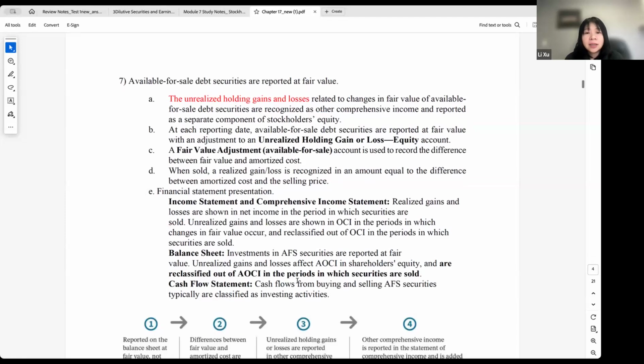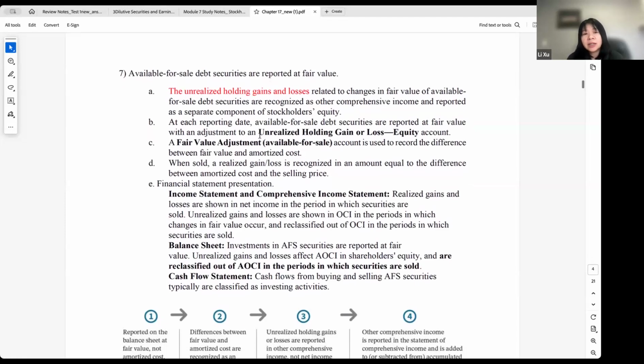Available for sale. Again, the key is to make sure you get the right account. If you're taking notes, I would like you to highlight this, because I'm looking for what comes after the dash or what is within the parentheses. I can give you some leeway if you just write fair value adjustment without the things in the parentheses, but for unrealized gains and losses, it absolutely needs to have something after the dash.